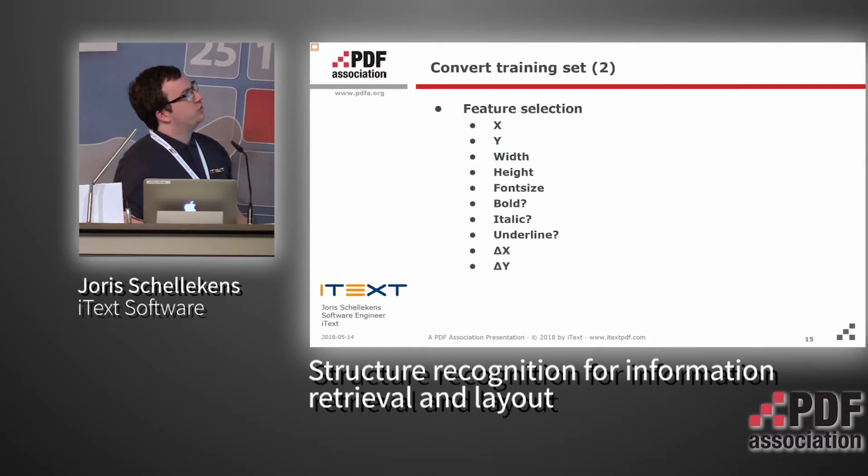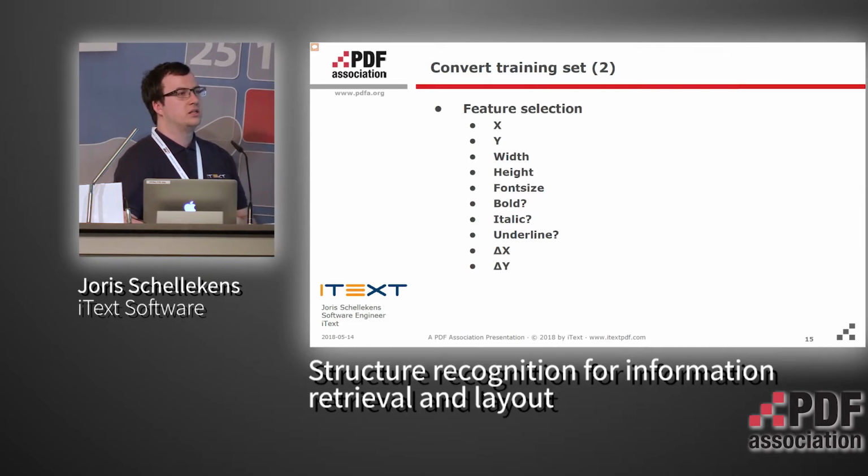Now, using a neural network, in this setup at least, requires that we select some features, that we essentially pass judgment on what we think is important when considering when to merge or not. I've listed a few here, like X and Y coordinate, width and height, font size, whether or not the text is bold, italic, or underline, the difference between X and Y coordinates, but you can imagine other combinations as well.